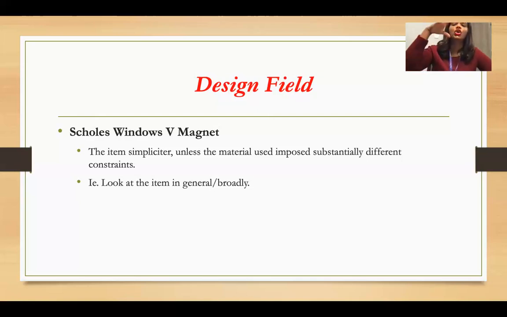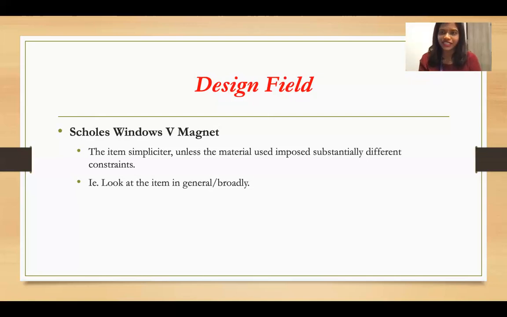Okay, so you establish all this as you go, and then next you establish design field. In design field, what the Scholes Windows case said is that we look at it very broadly instead of narrowly. If we look at it very narrowly, then a lot of unregistered designs will not fit within this definition. So that is why they look at it in a very broad, general term.